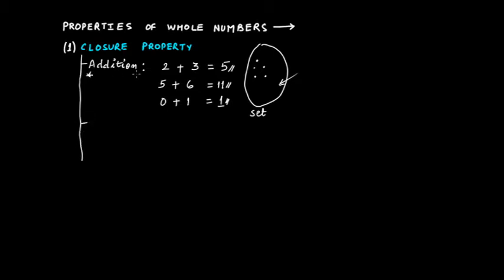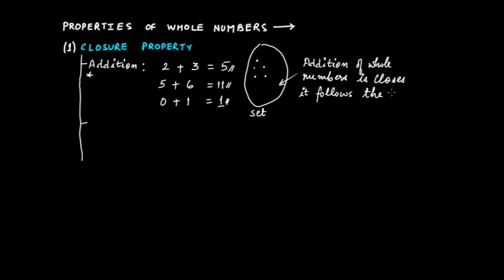So in case of addition, you would say that addition of whole numbers is closed. That is, it follows the closure property.